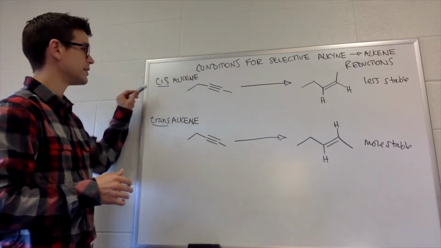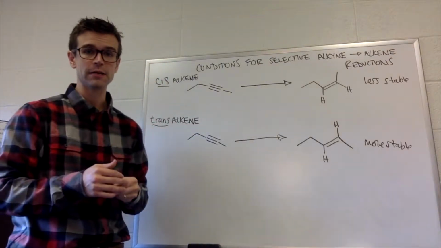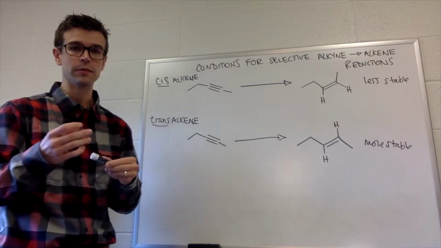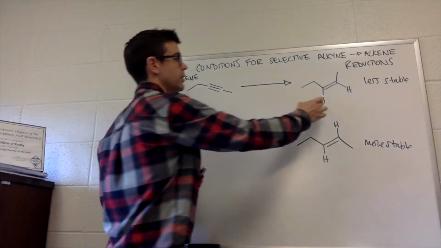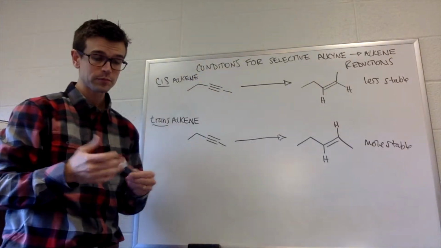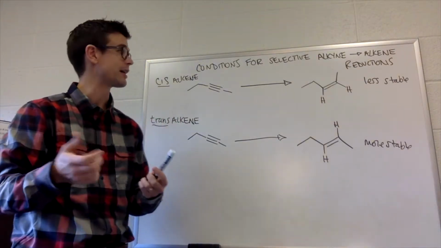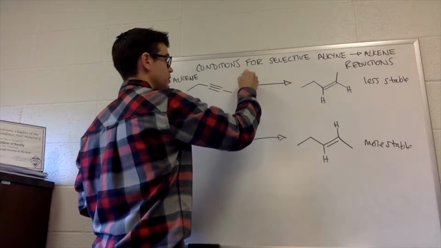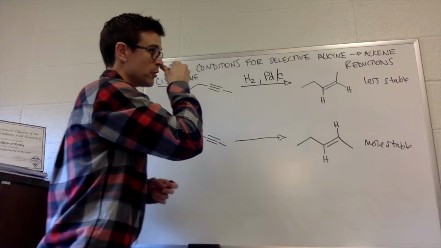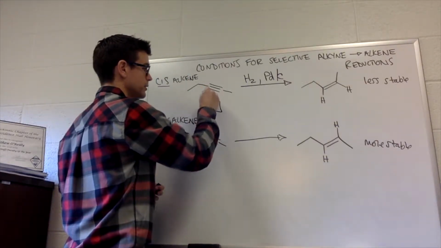So how are we able to make the cis alkene, since it's the less stable one? Well, the mechanism of the reaction is going to determine if the two hydrogens add to the same side or to different sides. If you think back to the mechanism of a catalytic hydrogenation, with H2 and palladium on carbon, the palladium sits like this with the hydrogens on the surface.